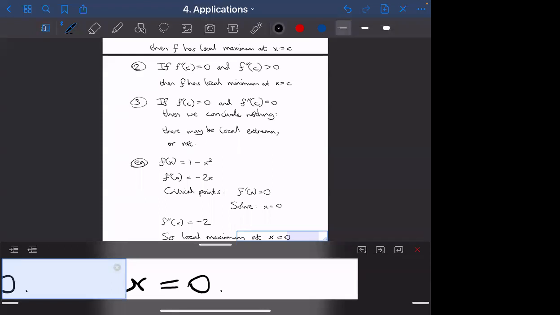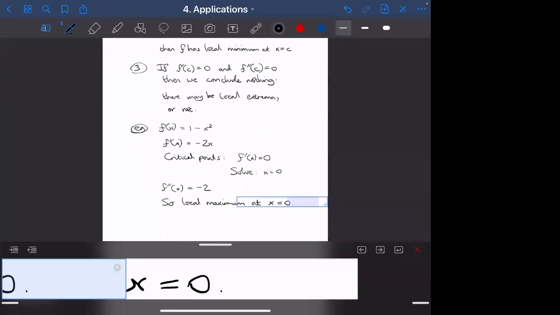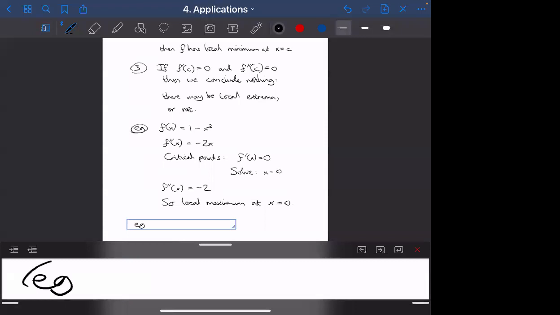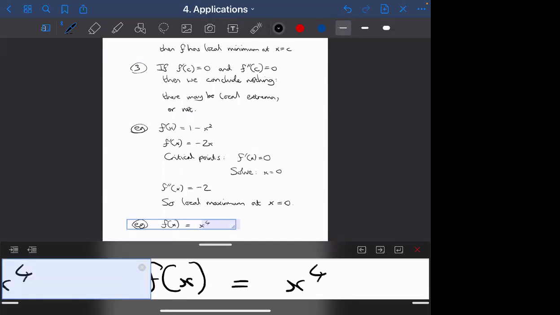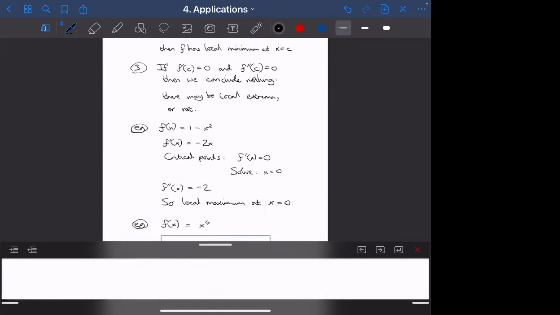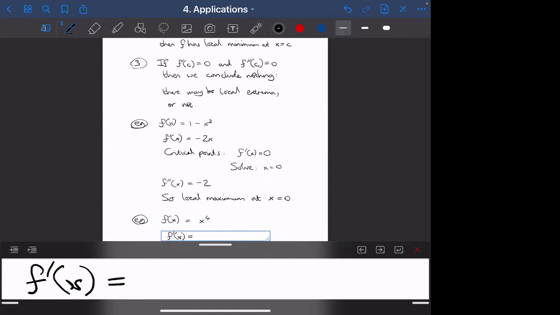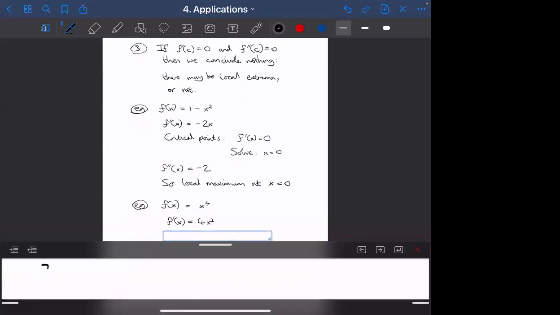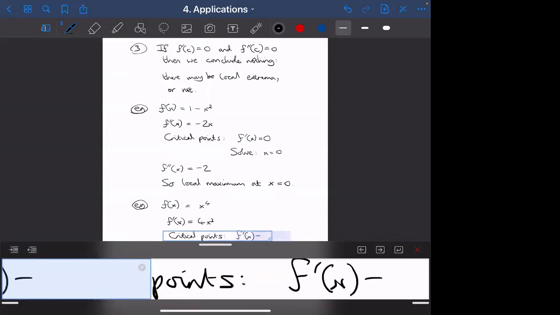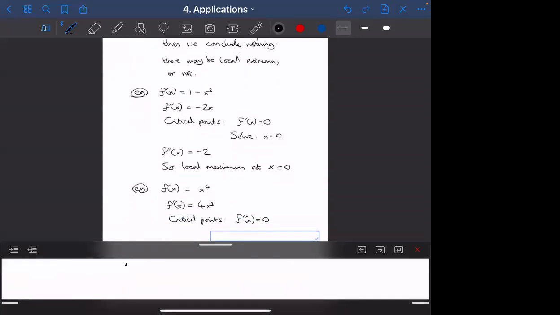Okay, so that's one example. And for another example, x to the 4. So here f prime x is 4x cubed. So critical points, again, we take the derivative equal to 0 and we solve.